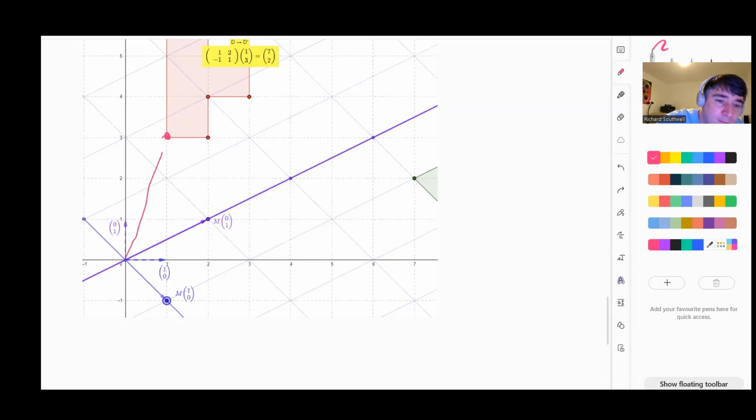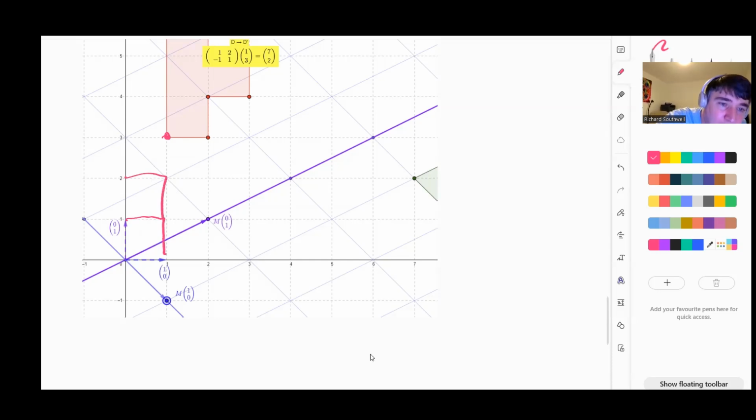In other words, there's going to be this vector here, which we can write as 1, 3. So to get from the origin to this point here, we go 1 step to the right and we go 3 steps up.